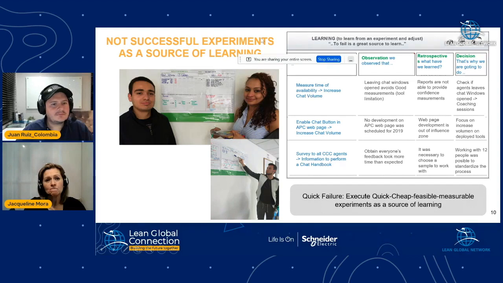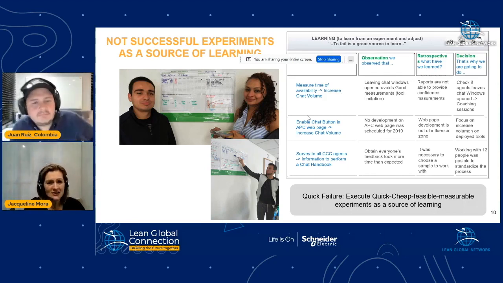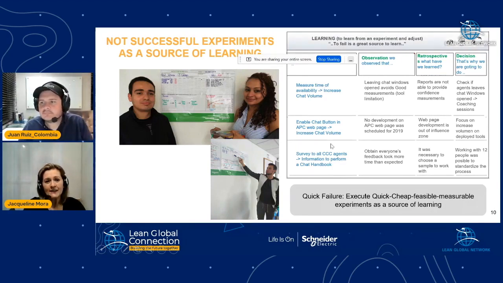So with the customer care center, or with chat interaction, Kata for us, we had a lot of non-successful experiments, and at the end, we discovered that we learned a lot about the failures, and people dare to disrupt the first condition and try to adjust the process in order to obtain our target condition.